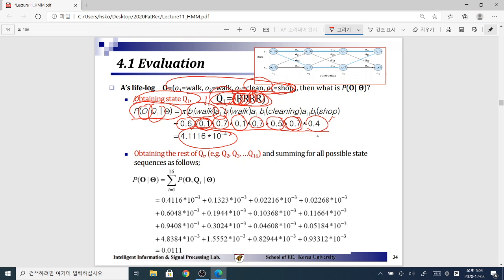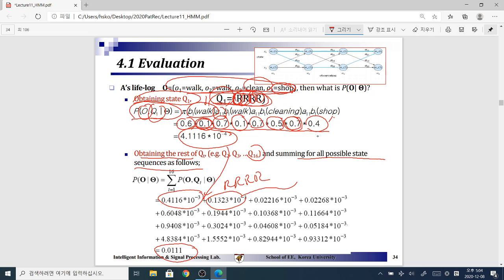You could do the same for all other cases. There are 16 possible combinations of rainy and sunny days, and if you sum over all possible state sequences, this is going to be the result. This represents the case rain, rain, rain, rain.